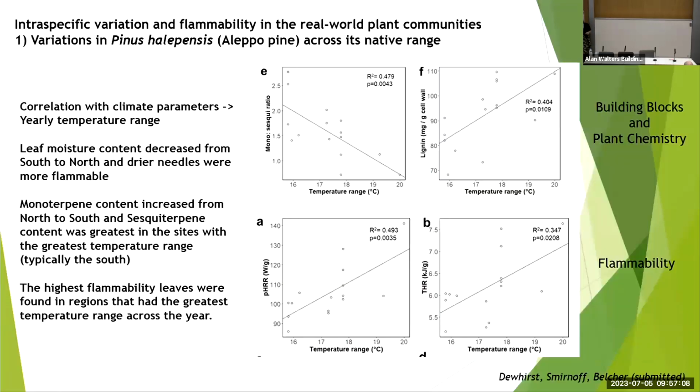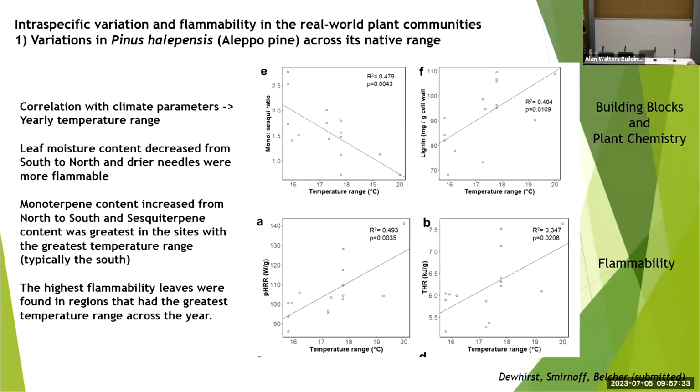So what these plots show are temperature range along the bottom, and then we've got basically terpene ratios, lignin, and those flammability relationships again. And we looked at lots of different variables of the environment, but what we found correlated the most was the range in temperatures that those trees experienced.